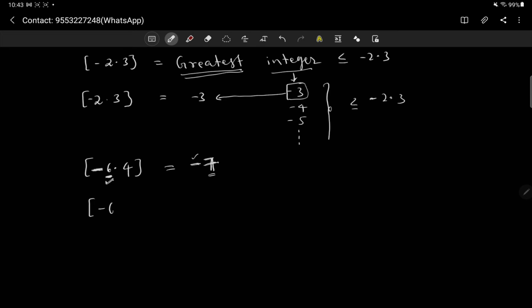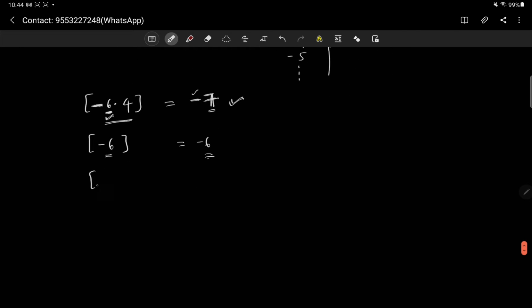Suppose step of minus 6 will give us minus 6 directly. So this is all when they are not integers. Inside the step function, when you don't have integers, you can follow this. When you have integers, you directly write the integer. In case of positive numbers, step of 2.3, what did we get? 2.